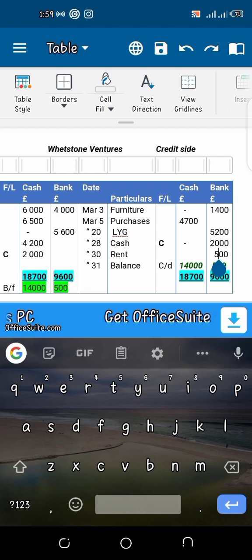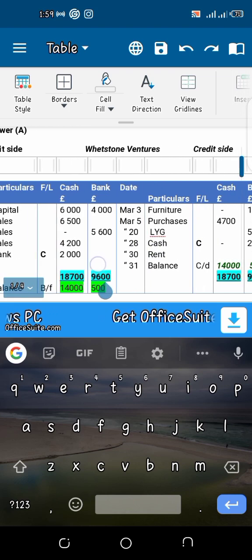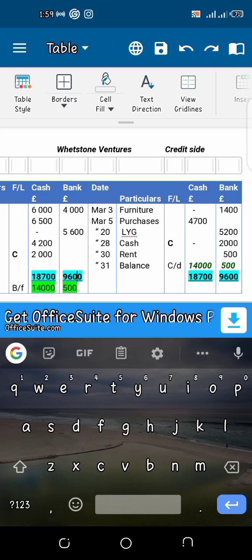When this is added, we have 9,100. Remember, the debit side indicates 9,600 and the credit side has 9,100, which indicates a difference of 500, and that will be the balance for the bank column.